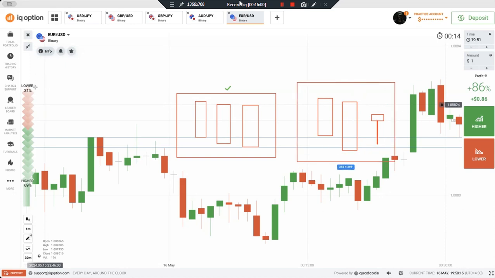So these three, they are not at the level, and placing a trade with them will be totally risky for us. So after this situation, if you place your trade, the chance that you lose it is 50%, and the chance that you win it is 50%.